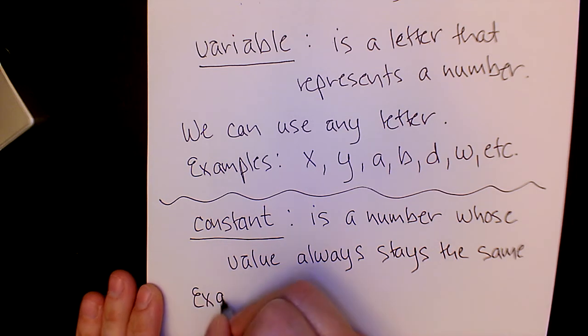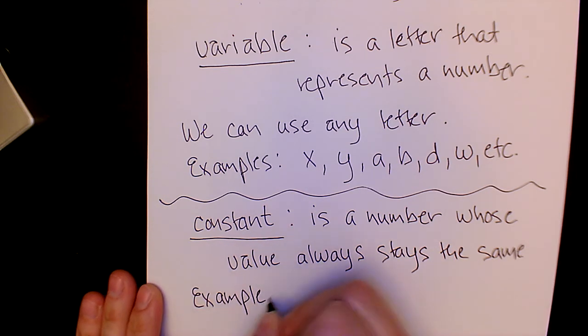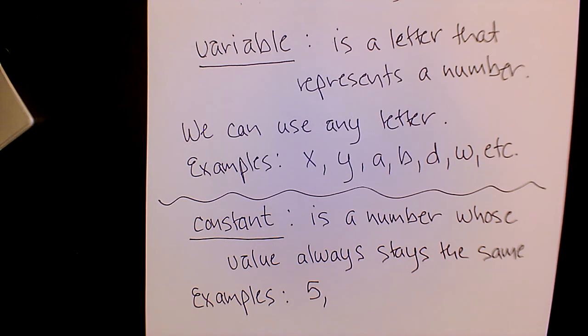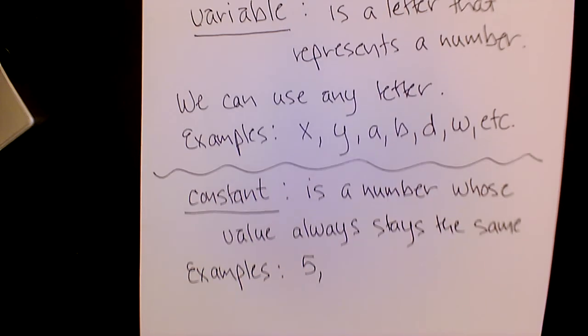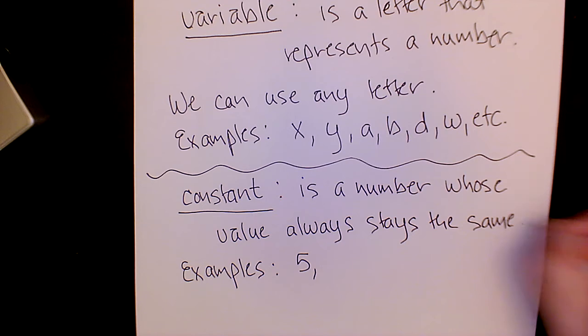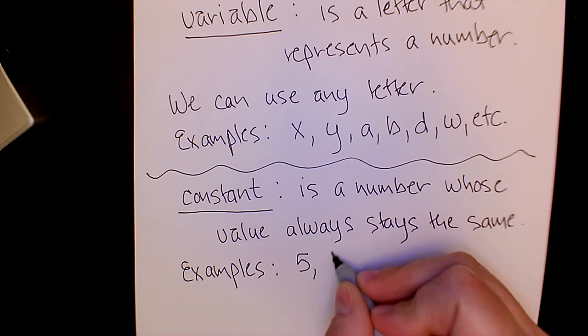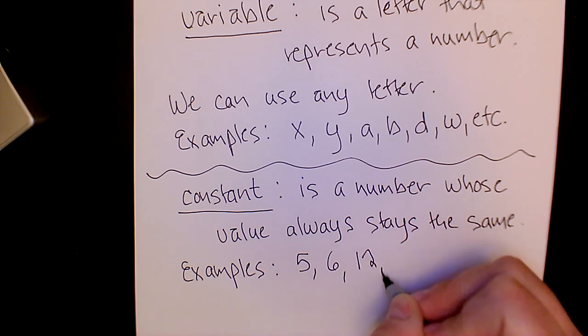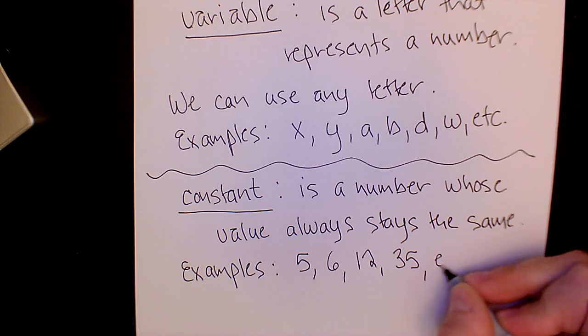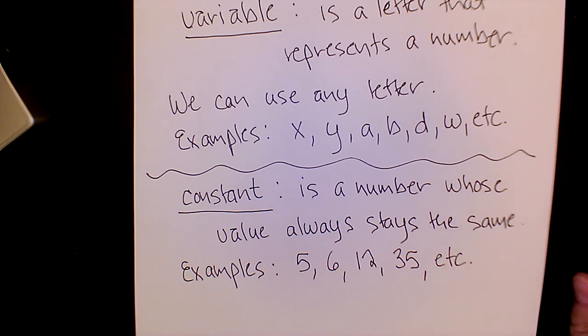So any number, 5, let's say, 5 is a constant. 5 always stays 5. It's not going to turn into 7. It's not going to turn into 8. So it's just a number, any number that always stays the same. I mean, there's millions of them.